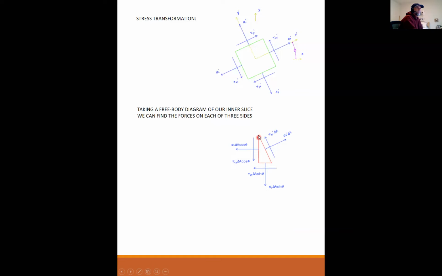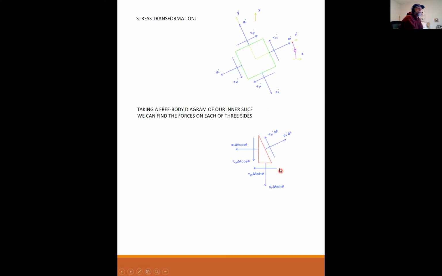On the inclined surface, we have tau xy prime, which is this stress right here, times our area delta A. Remember, a force is a stress times an area. Likewise, on this inclined surface, my normal stress is sigma x prime, as shown here, times delta A. So those are the forces on the inclined face.